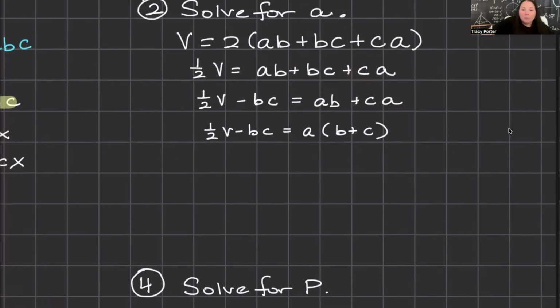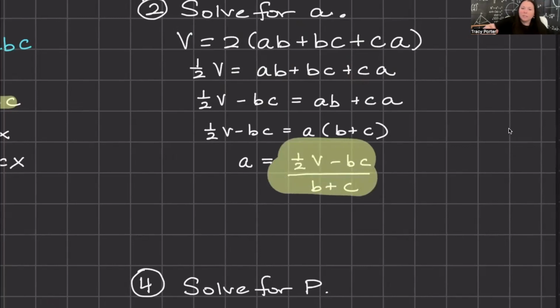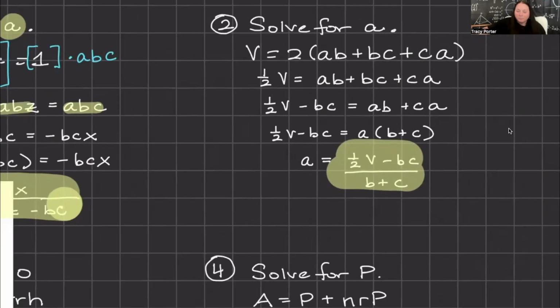So we're going to divide both sides by B plus C. So we will end up with A, and then we're going to take the 1/2 V minus BC, divide it by B plus C. So we'll leave it like so. Okay, so this one is also complete.